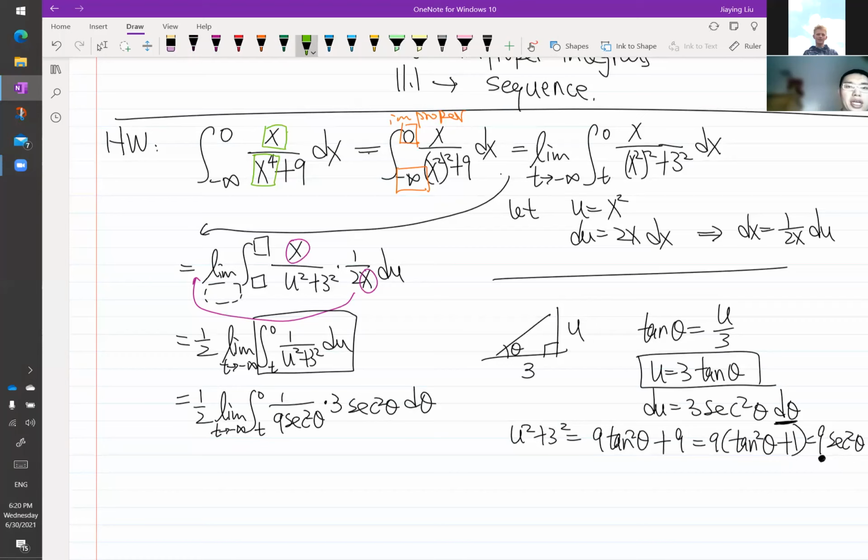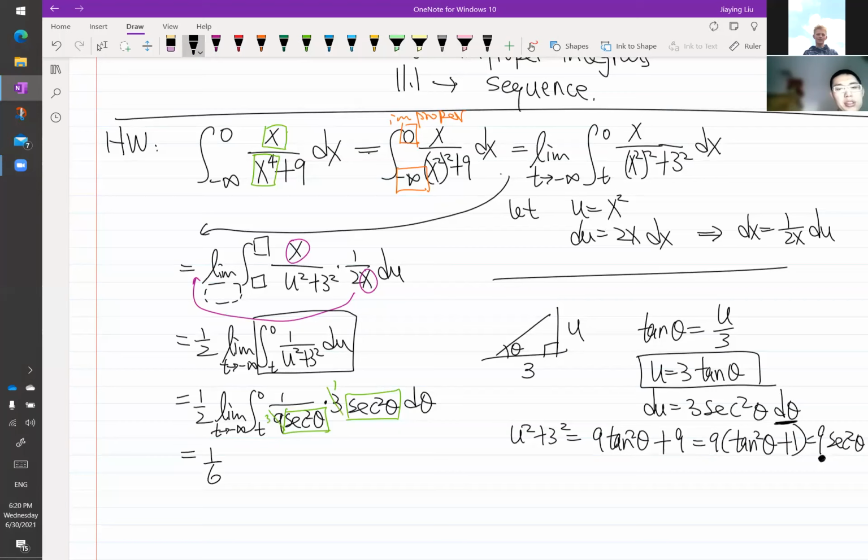And from here, I can cancel out the secant squared theta in the denominator and on the side. The 3 and the 9, that gives me a 1 on top and a 3 on the bottom, so that just gives me a 1/3. I'm going to bring it outside, combine it with 1/2.